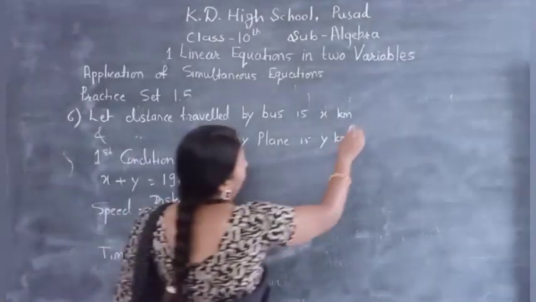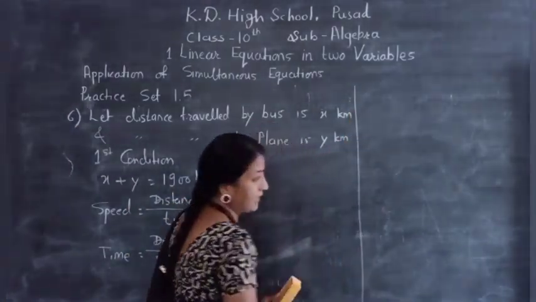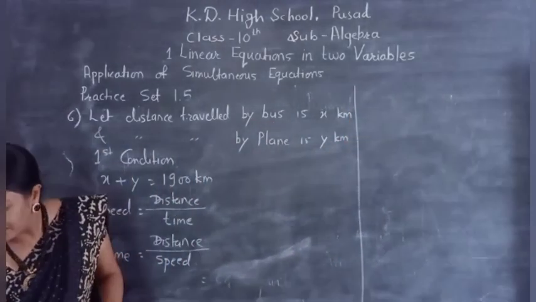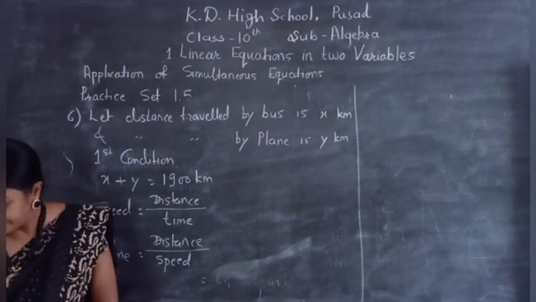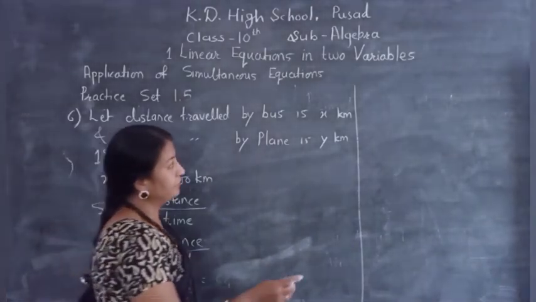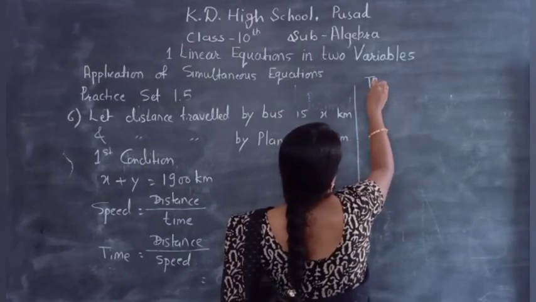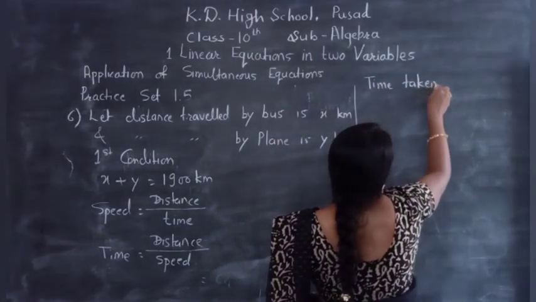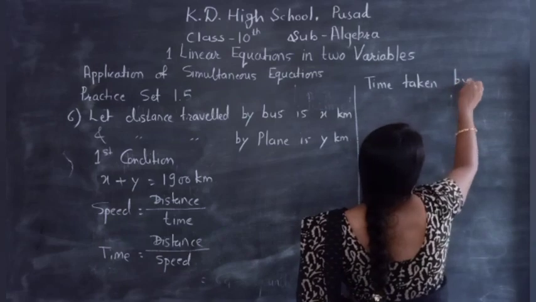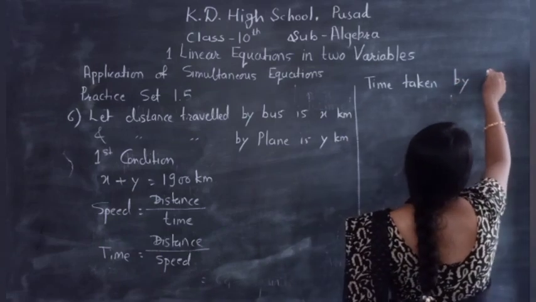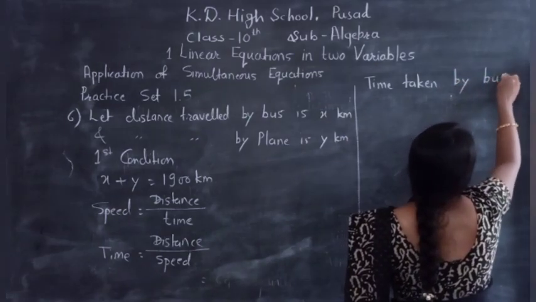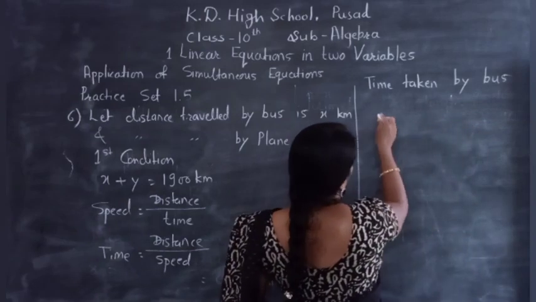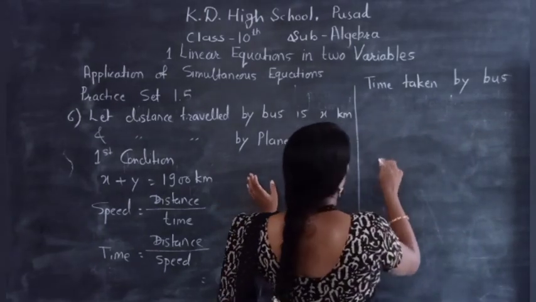Okay, now first of all we write this. Time taken by Vishal by using the bus, it is 60 kilometer per hour.